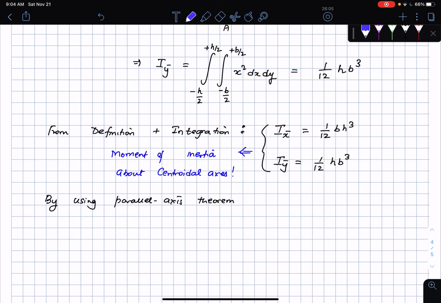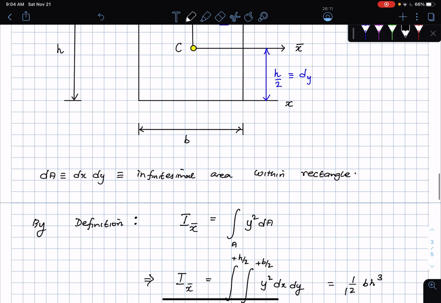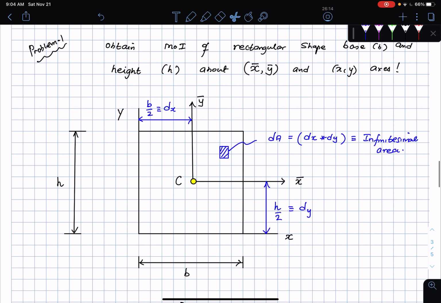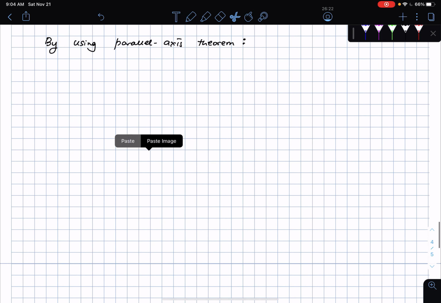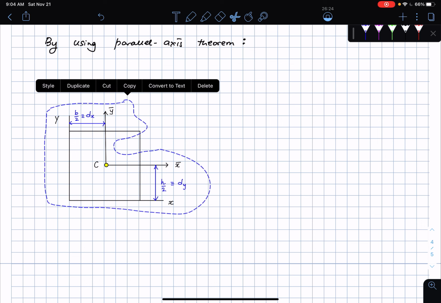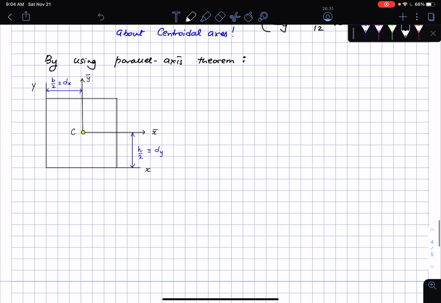Now by using the parallel axis theorem, I can find the moment of inertia about the axis parallel to the centroidal axis. I'm just going to grab my figure from here and reduce its size. I'm done with that area. So I'm just going to bring it down here and keep it in front of us. So from the parallel axis theorem, I can say the following.